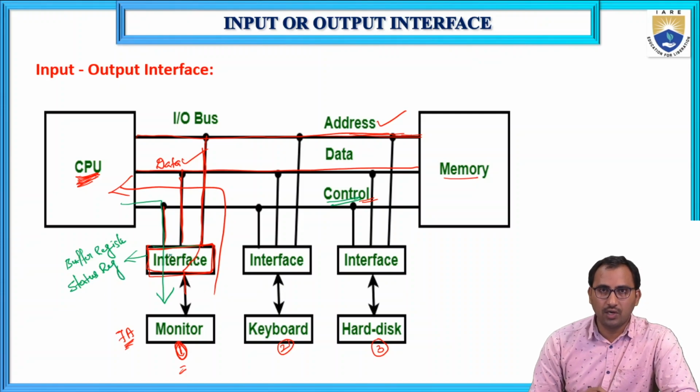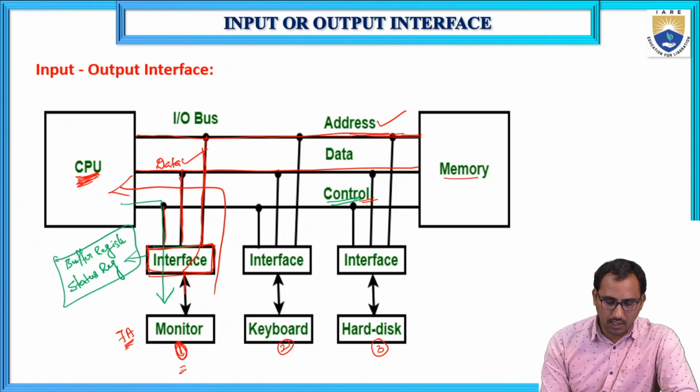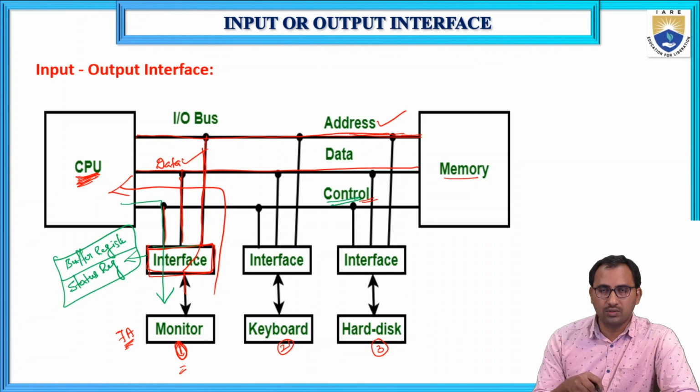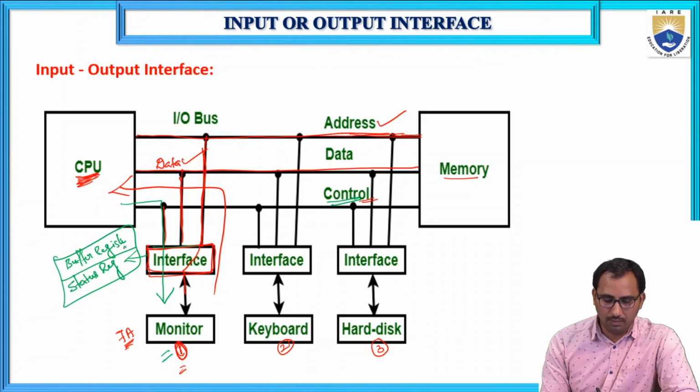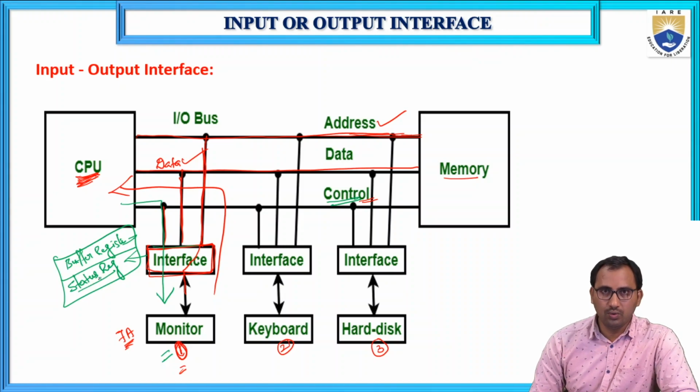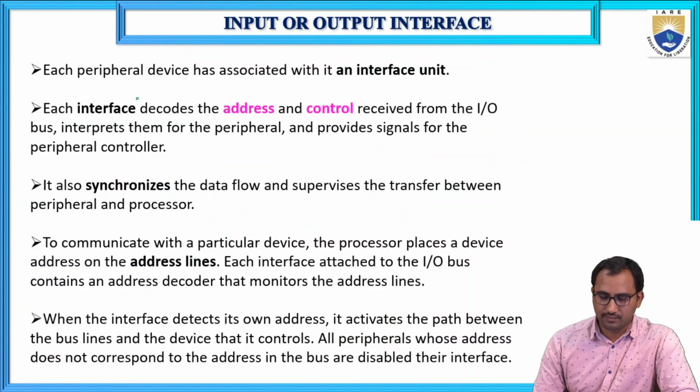The buffer register is used to store information, because the information from the IO devices takes place in the form of bytes, so that information will be stored in the buffer register. The status register is used to know the status of the IO device, whether it is performing an IO read operation or an IO write operation. So this is about the IO input or output interface.